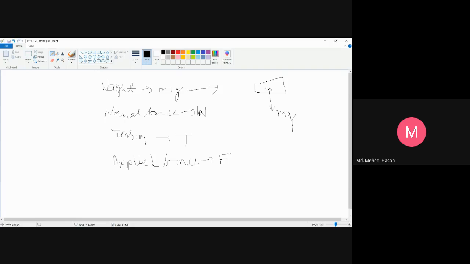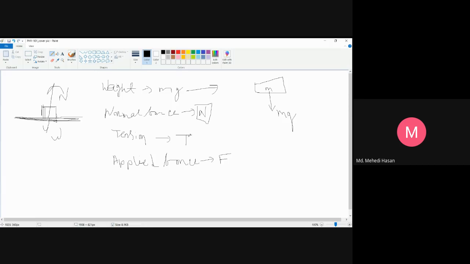And normal force is involved when a particular object is on a surface. If the object is on a surface, then the force involved, the normal reaction force, is in the upward direction, and weight is downward.